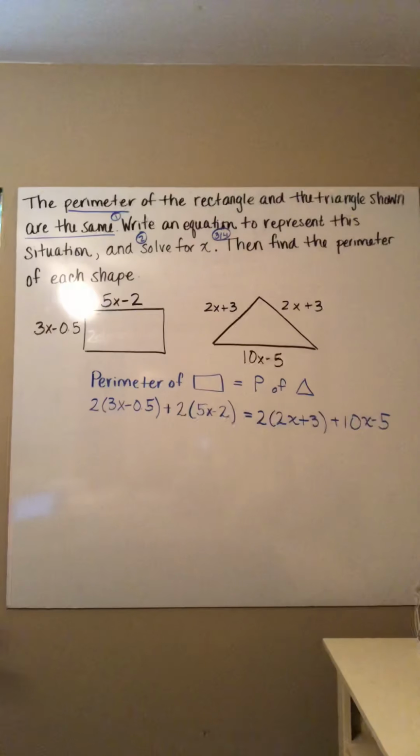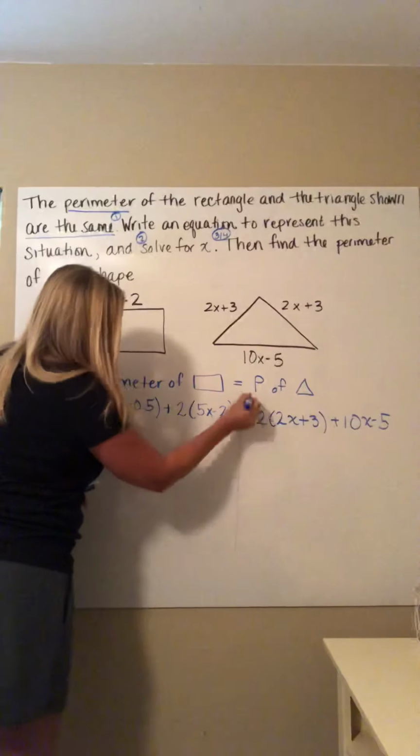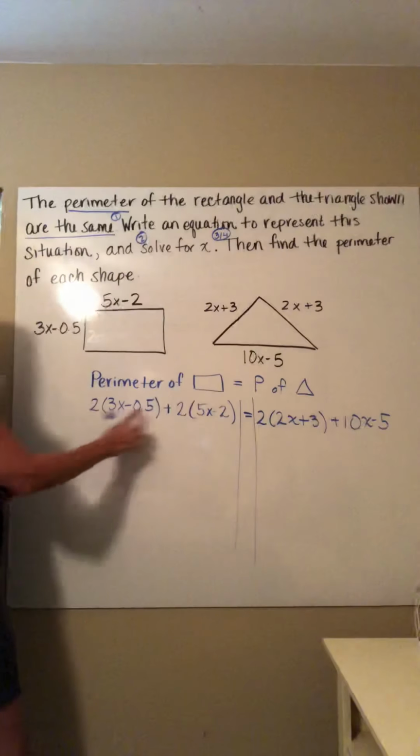Okay, so let's go ahead now and multiply out all of our distributive properties that we have. We have 1, 2, 3.